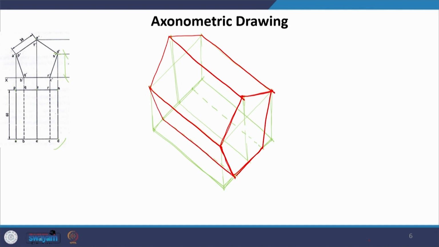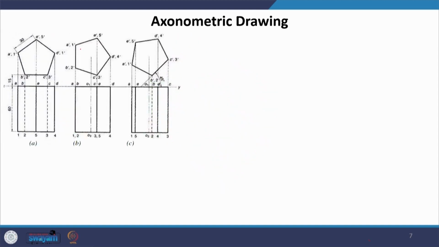This is what we will see for this pentagonal prism, which is kept with its axis perpendicular to VP and parallel to HP. Now, all we have done here is we made the plan here in the bottom, whatever that plan was, and then gave respective heights to each individual point, which is what we got from the elevation.